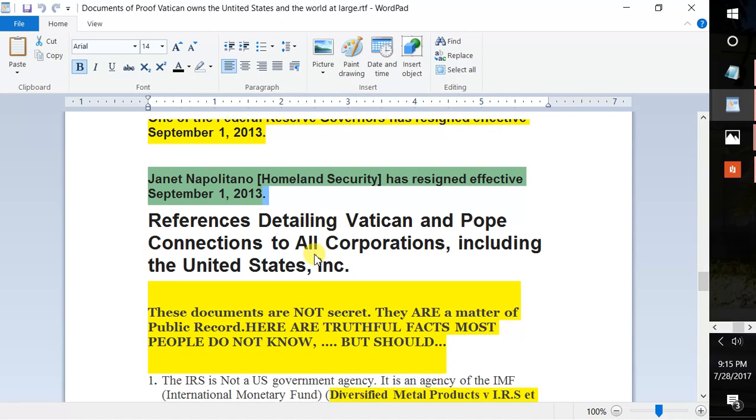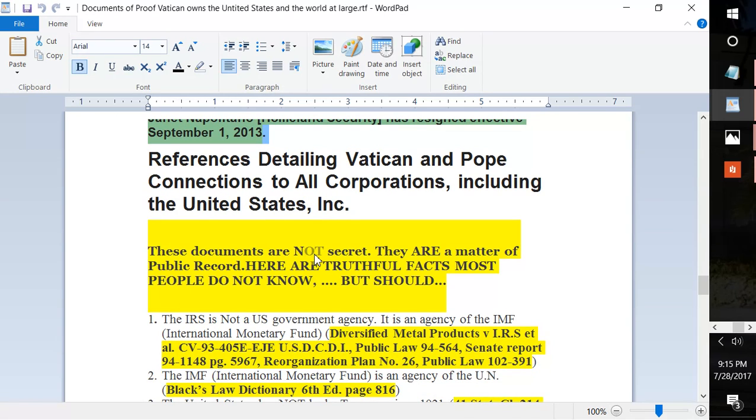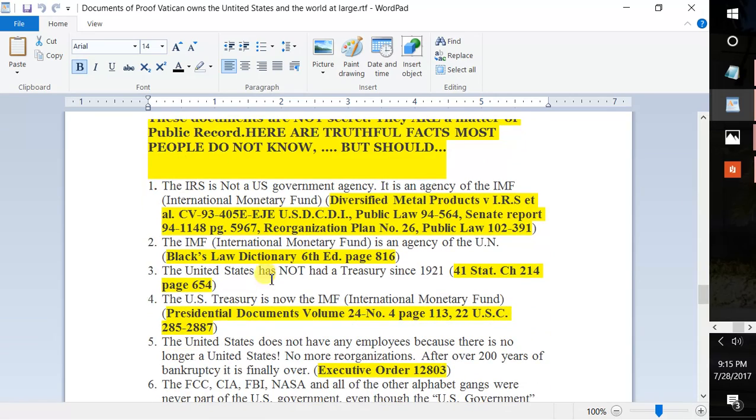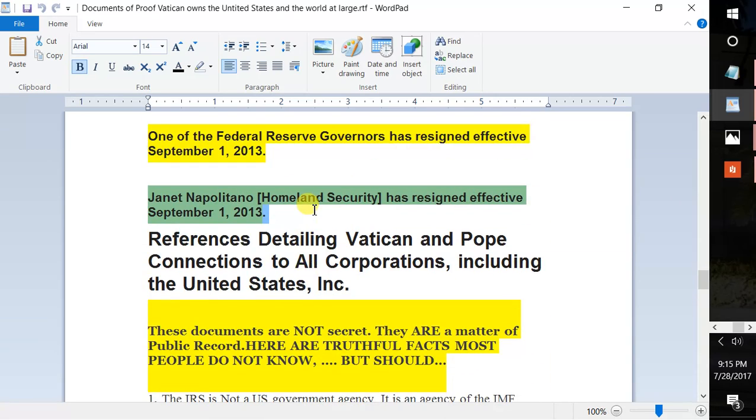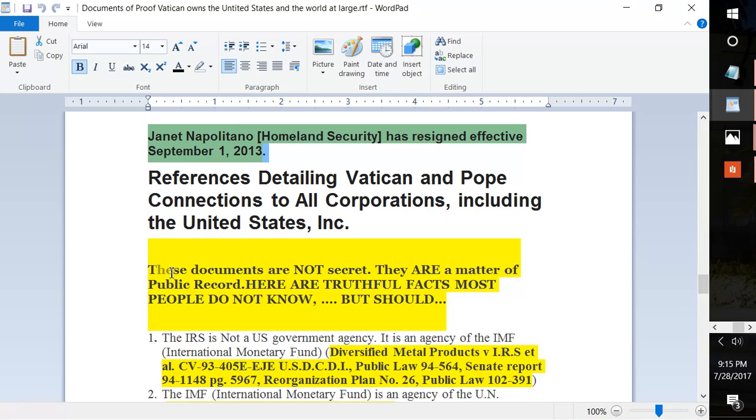So now what I decided to do was put together a compilation of public laws which actually show you that the Vatican owns the whole entire world, and the United States in particular. I took the time to highlight those laws because, like I'm saying right here, these are public documents.